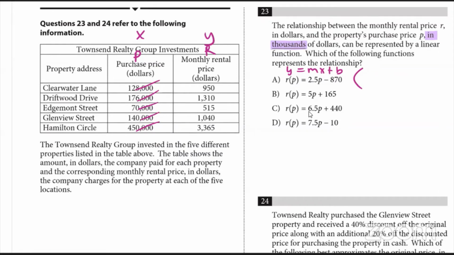So the two XY coordinates we're getting are 128 and 950. I'm just picking the first two. And also 176 and 1,310.